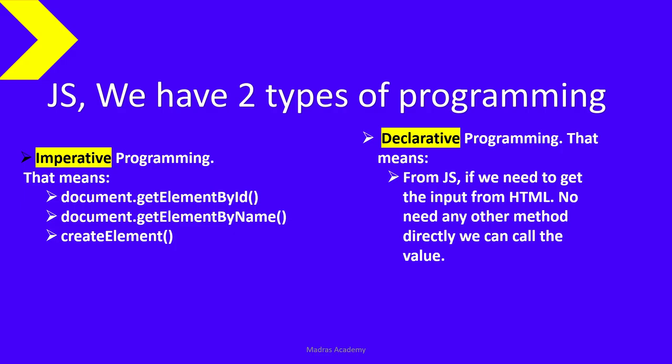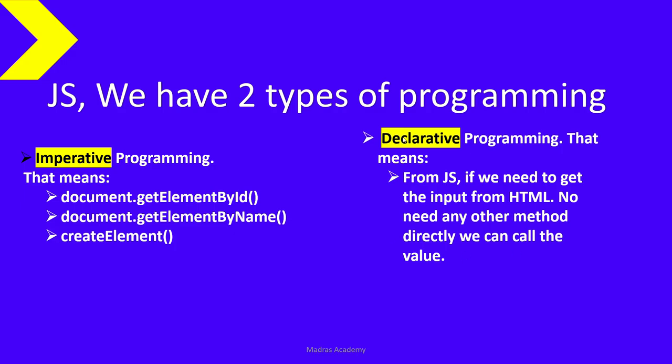Now we will move on to declarative programming, that is declarative syntax. If I use this, there is no need to write any method here. From JavaScript, if we need to get the input from HTML, we don't need any other method, we can directly call the value.